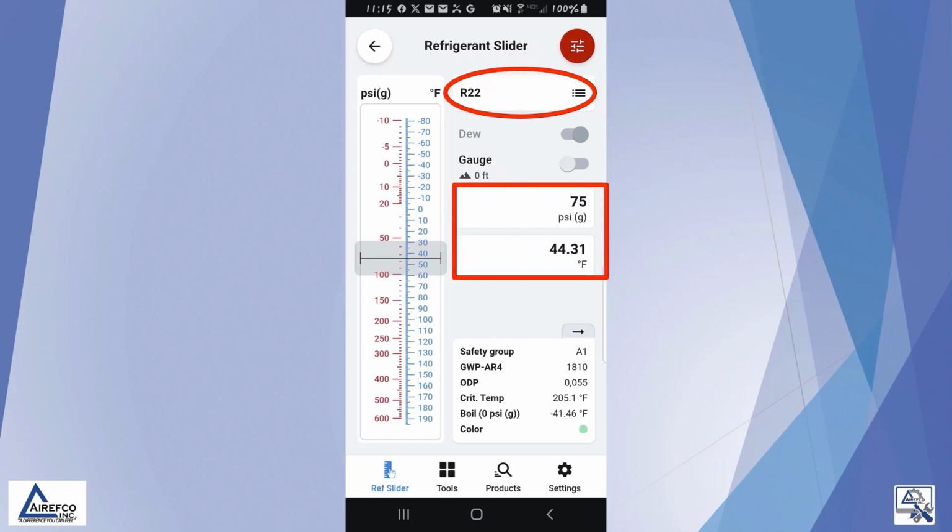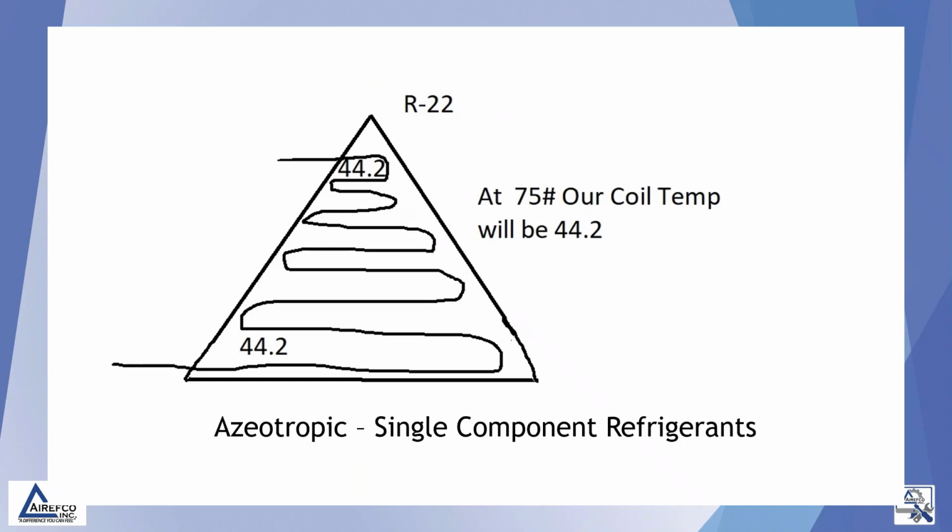So it's 75 psig. Our temperature is going to be 44.31, and that will be our temperature throughout our coil. Here we see a visual of R22 moving through an evaporator coil, and at 75 pounds, our coil temperature is going to be 44.2.